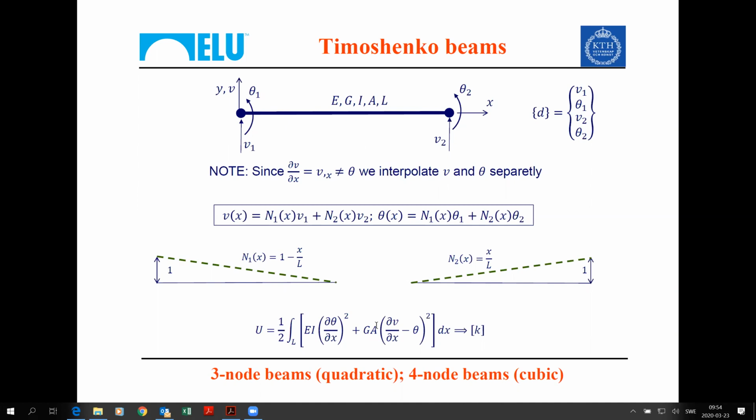Once again, this happens because instead of 2 conditions at each node, we only have 1. So V of 0 should be equal to 1, V of L should be equal to 0. That will give us just 2 conditions, meaning the best thing we can do is construct a first order polynomial, a plus bx, because we will have enough equations to determine the 2 constants, a and b.